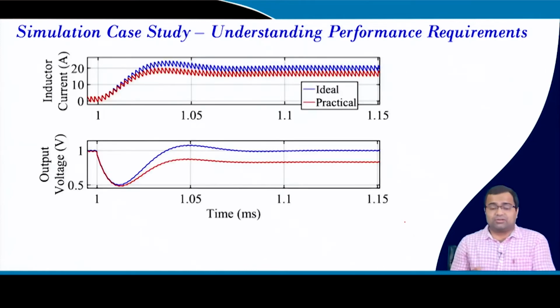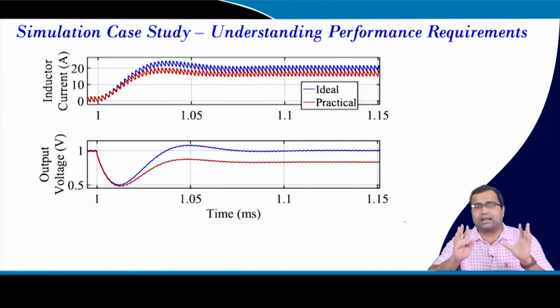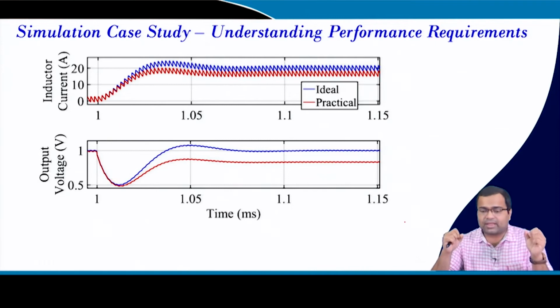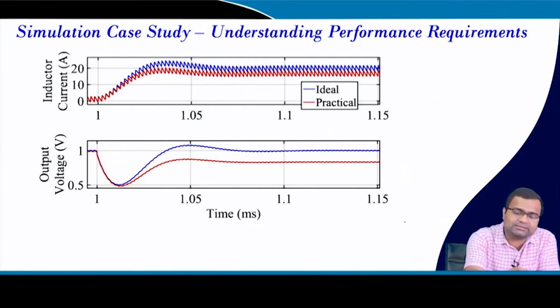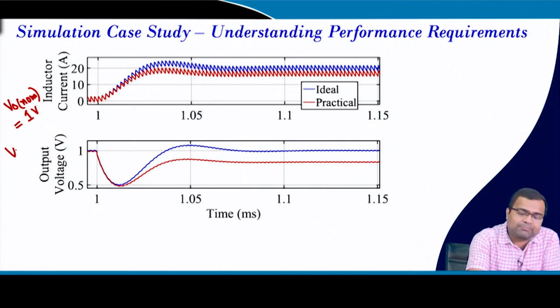Now, I want to show the first thing. Here we have taken an ideal voltage source and we have created an open loop case study, where our objective is to achieve an output voltage nominal value of 1 volt. That means this is my reference voltage, and my input voltage here I set 12 volt.